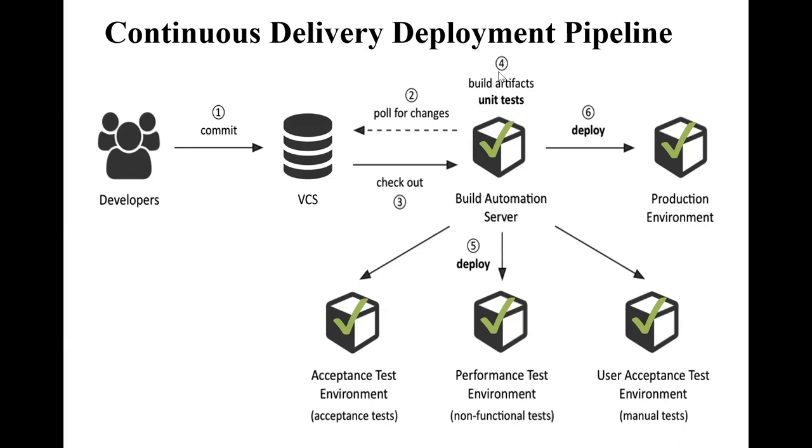See, the artifact is only one, but that artifact is released to different environments on the basis of evaluation and acceptance. Here the testing team evaluations, here load testing and user level testing, and finally the production.